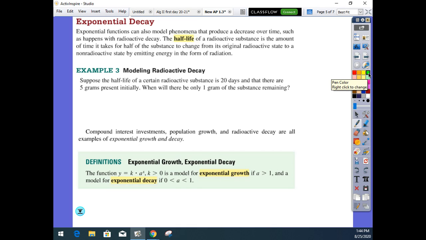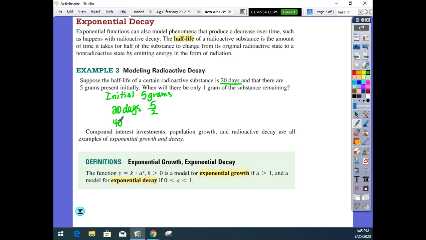The initial is 5 grams. The half-life is 20 days. That means after 20 days, there's half of that. Take half of 5, you get 5 halves.